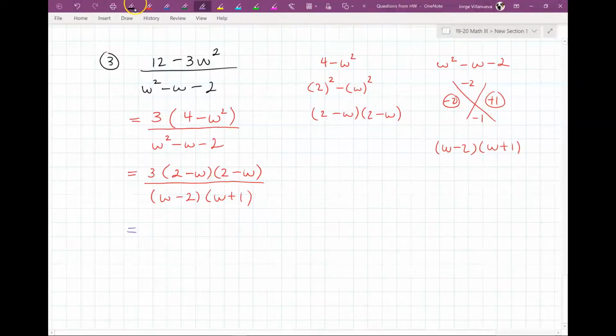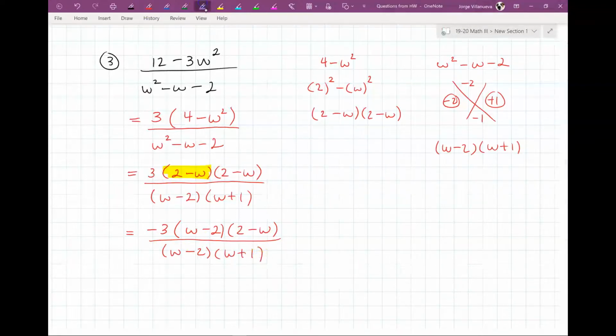I'm going to put a negative 3, (w minus 2), and then the other factor, divided by (w minus 2)(w plus 1), and now I can cancel these out. So the result is my answer. This is my solution to that problem.